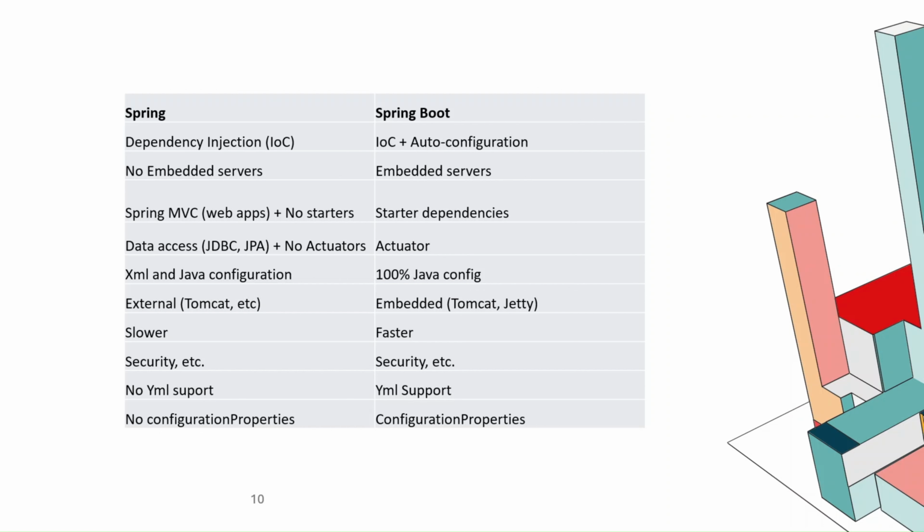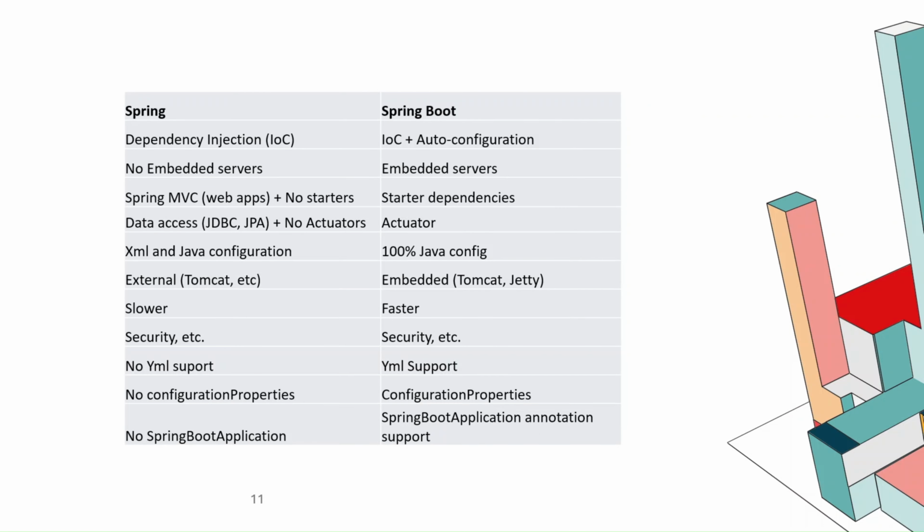That is available in Spring Boot. And in Spring, there is nothing called the @SpringBootApplication annotation. But in Spring Boot, we have the @SpringBootApplication annotation. It is a combination of @ComponentScan, @EnableAutoConfiguration, and @Configuration annotations.